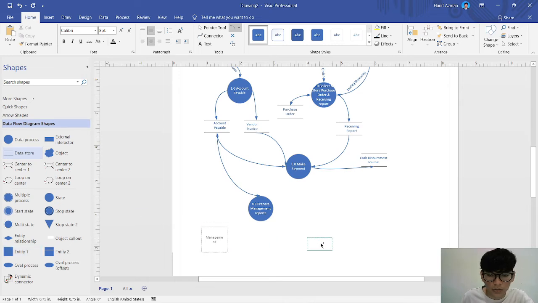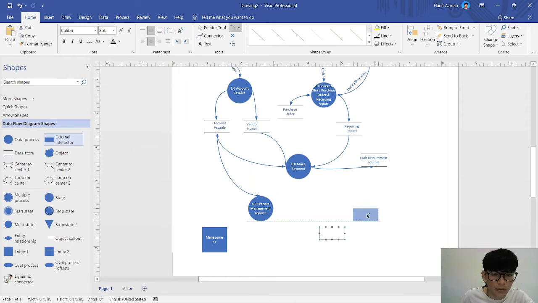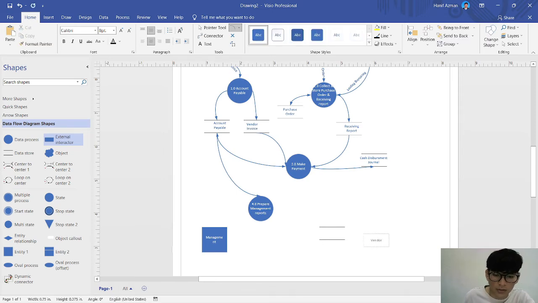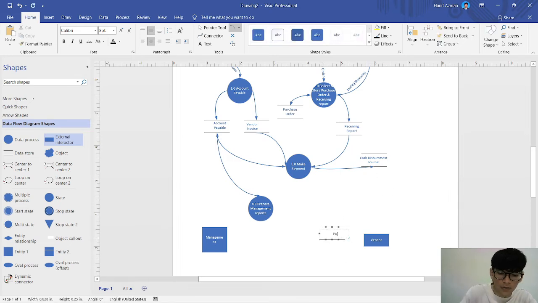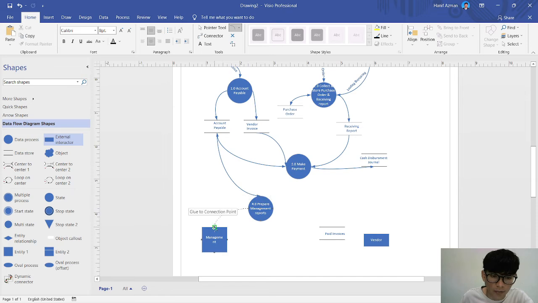And the data store is here, and the internal entity, this is a window, the last process, and here is pay invoice. And prepare management reports sends the accounts payable report to management.